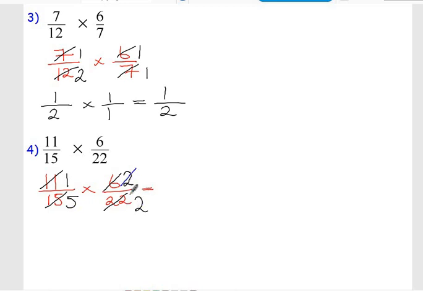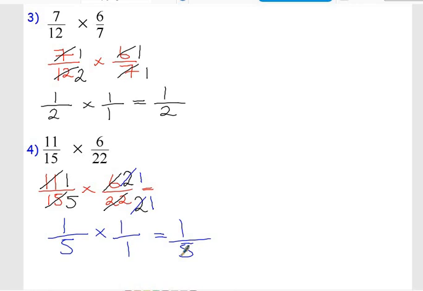Well, I can cancel the 2's. 2 goes into 2 once, and 2 goes into 2 once. Therefore, we're left with 1/5 times by 1/1. Multiply the tops, 1 times 1 is 1, 5 times 1 is 5. So our answer is 1/5.